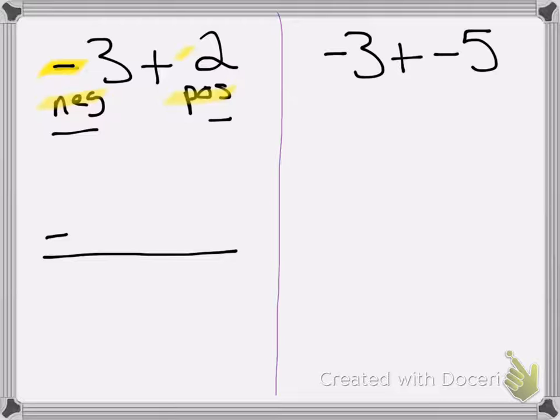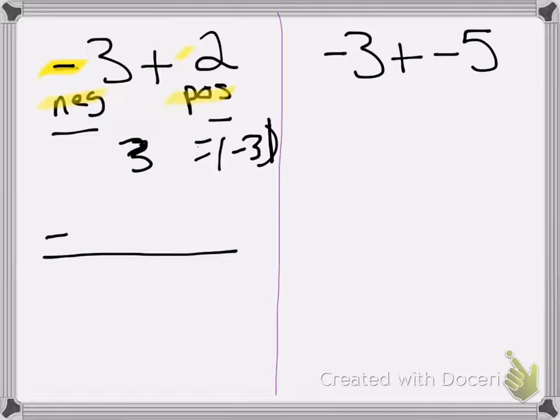Put the bigger number on top, but we take the absolute value. The absolute value of -3 is 3. So 3 is there.